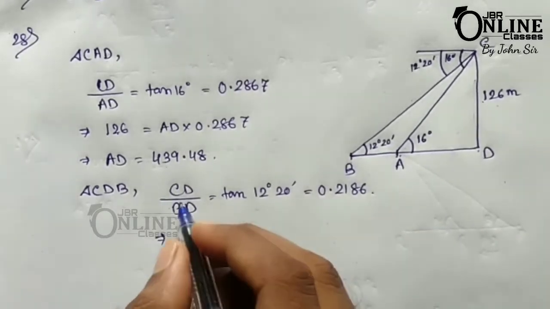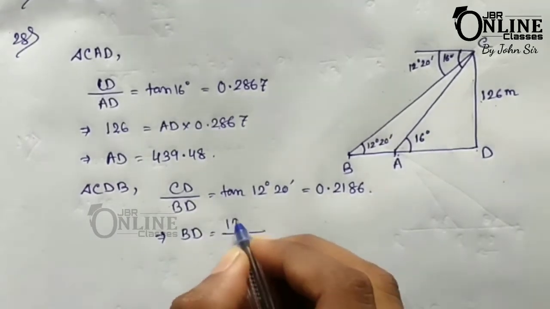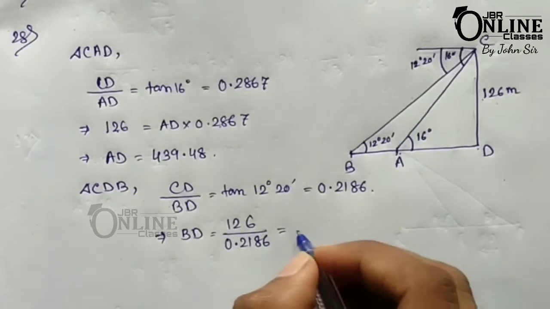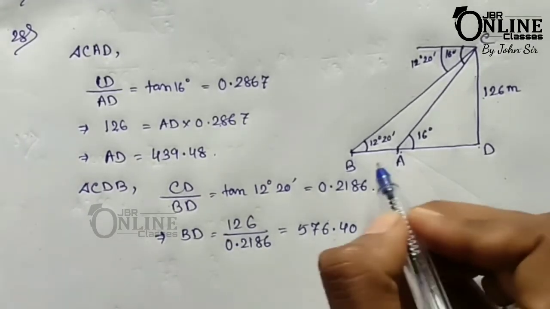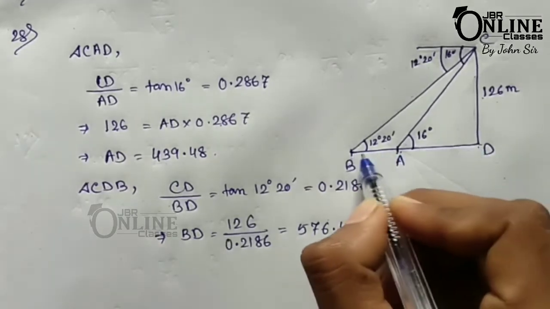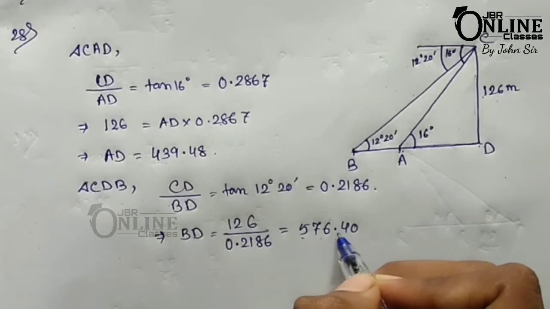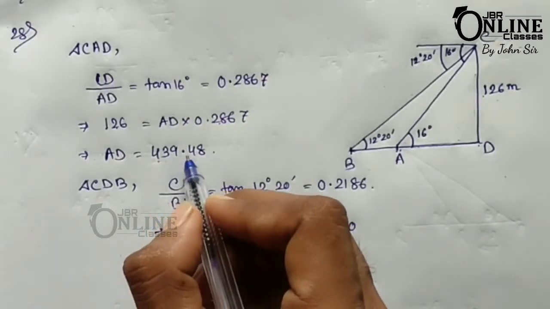So as CD equals 126, BD equals 126 divided by 0.2186, and that equals 576.40. Now BD is the whole base, that equals 576.40, and AD equals 439.48.